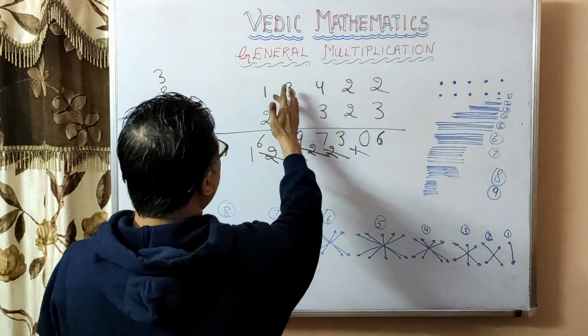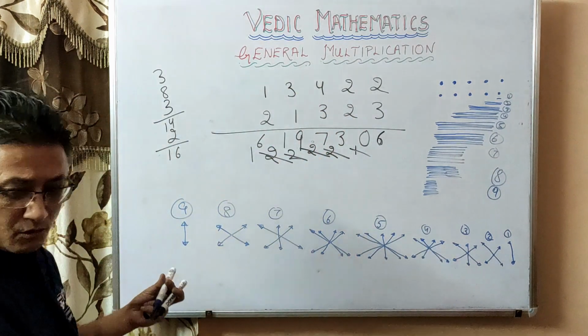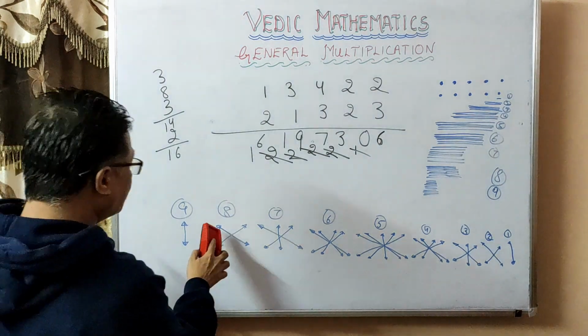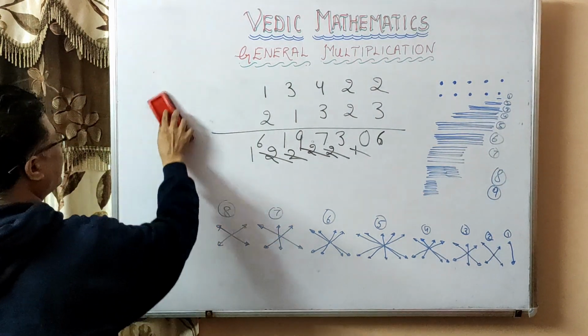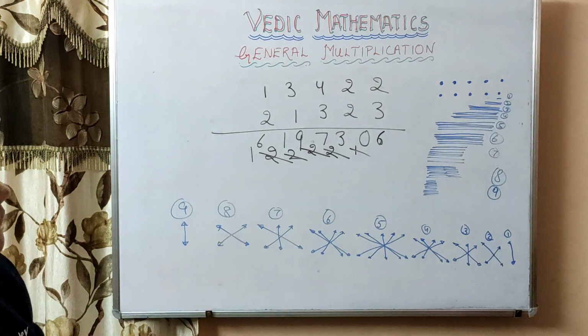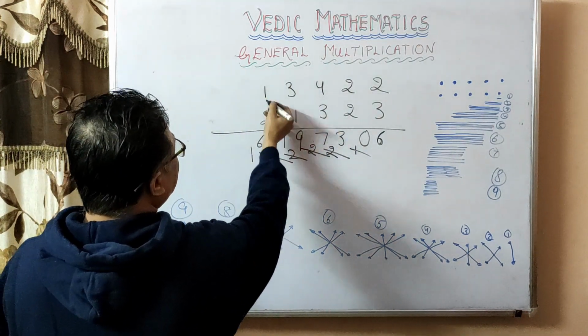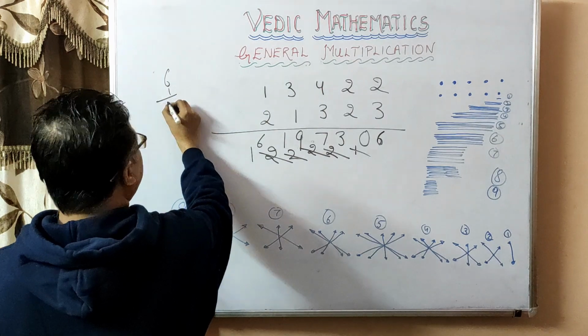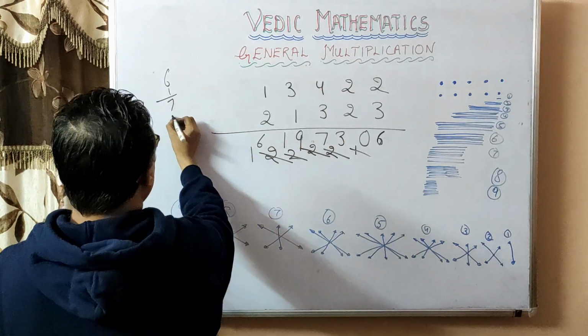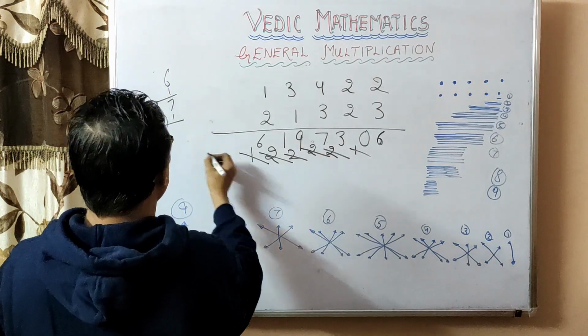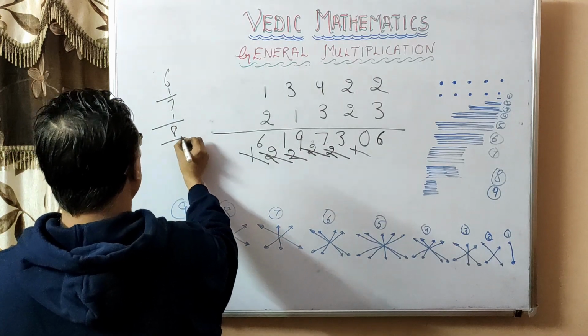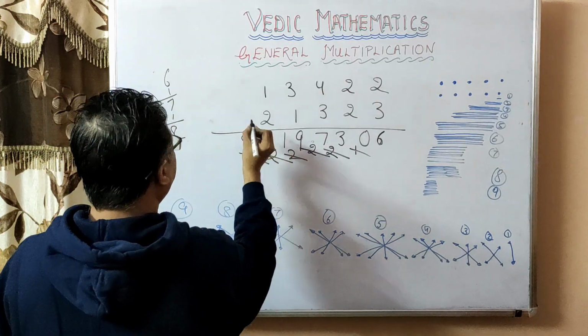Now I come to my 8th step. I remove this also. Now only these 2 remain. So now it is simply the cross multiplication of these 2. 1 with 1 is 1, 3 2s are 6. 6 plus 1 is 7, and we have 1 carried forward. So I cross this, 7 and 1 is 8. So I write 8 over here.